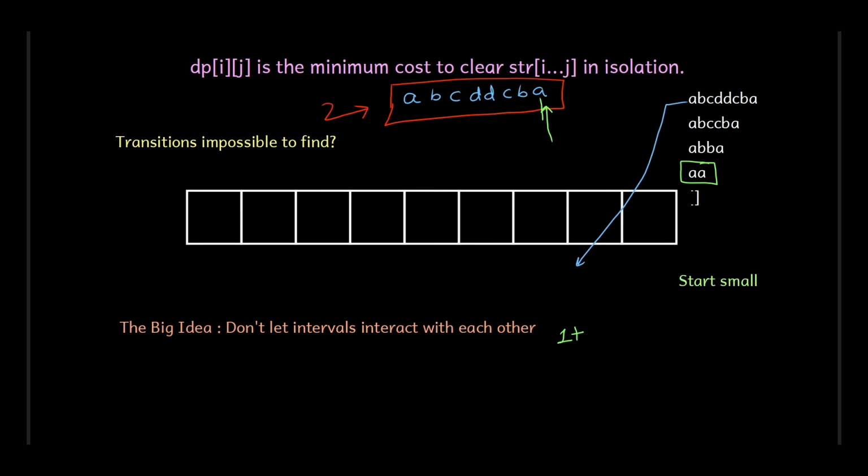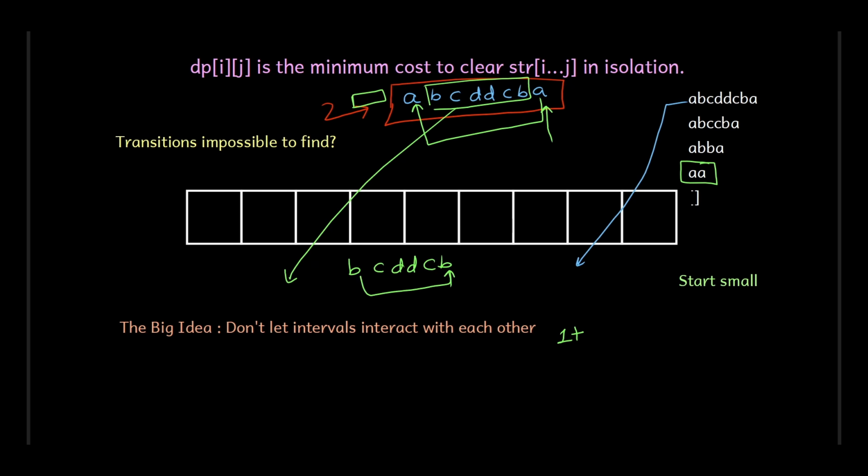Or this element can be merged with this copy over here, and then this segment has to be viewed in isolation, and the left segment also has to be viewed in isolation. Then how do you solve for this part? B, C, double D, C and B. Then same trick, either this gets collapsed in isolation or this gets merged, and then you solve for this segment in isolation and you repeat the process.